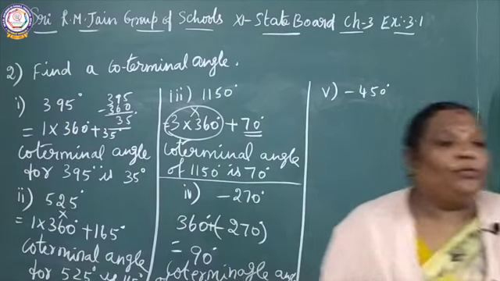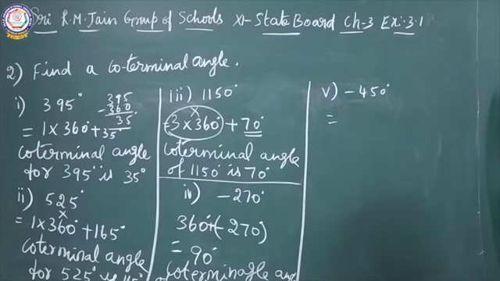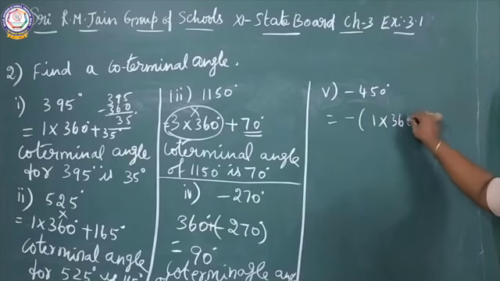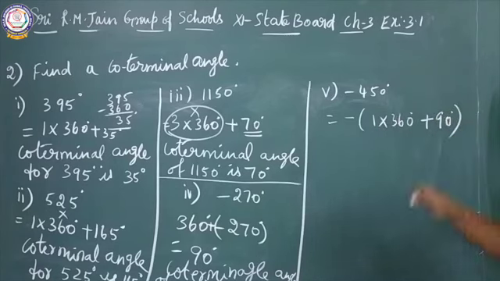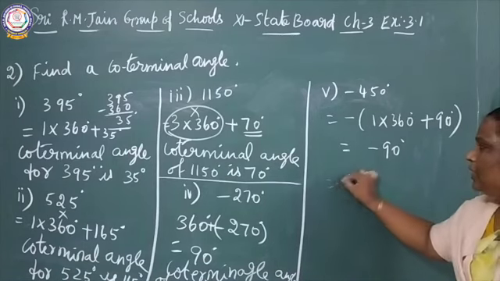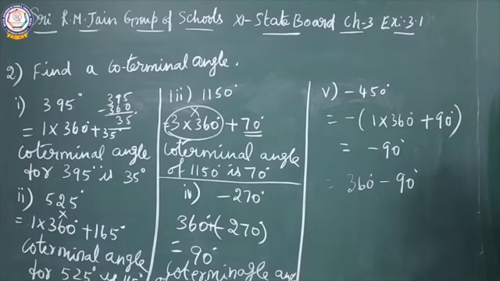Now minus 450 degree. How many 360 are there? 1. So you will write 1 into 360 plus 90. So it gives minus 90. From 360 you can subtract the value.